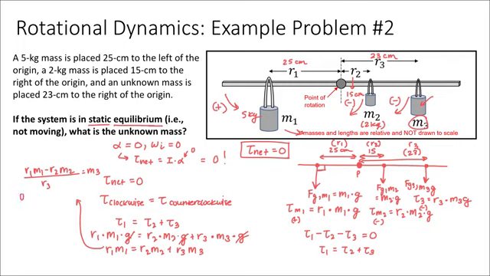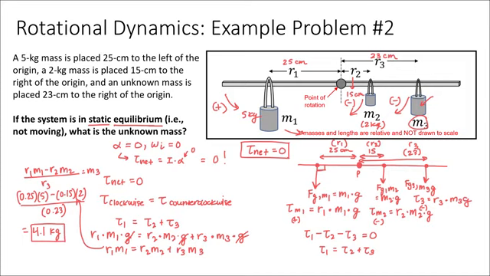So that would be 0.25 multiplied by mass 1, which was 5 kilograms, minus our second lever arm, 0.15, multiplied by 2, our second mass, and that would be divided by the lever arm of mass 3, which was 0.23 or 23 centimeters. So that would be equal to 4.1 kilograms for mass 3. So if mass 3 is 4.1 kilograms, that will balance my system and I will be in static equilibrium.